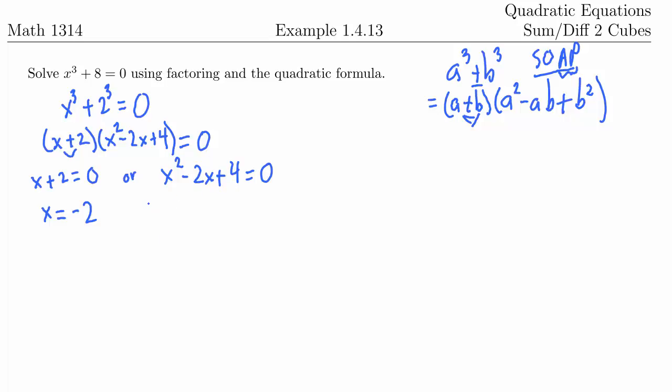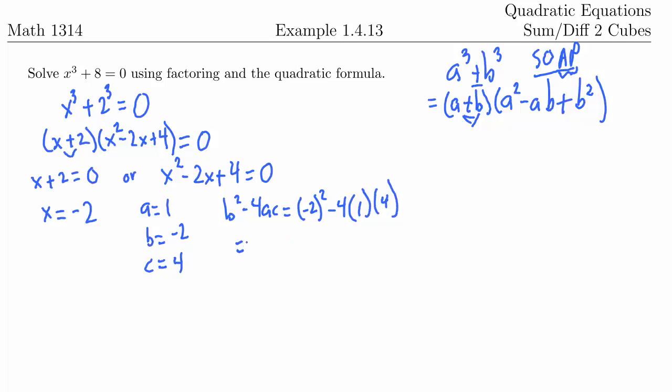Whenever I use the quadratic formula, I get a is 1, b is negative 2, c is 4. That means b squared minus 4ac is equal to negative 2 squared minus 4 times 1 times 4. So that's 4 minus 16, which is negative 12.